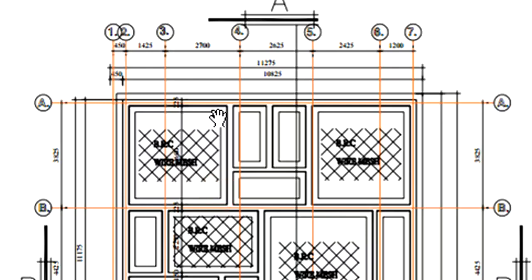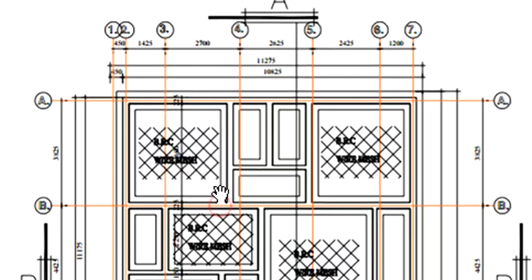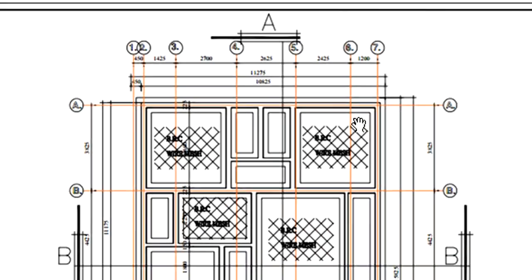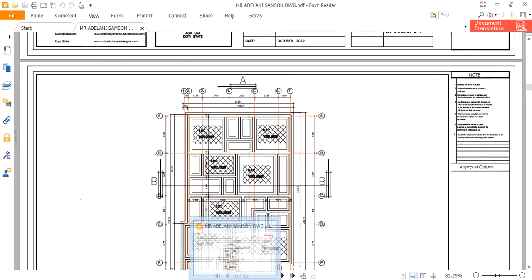The space from this block to here is 2.5, and the space from here to this excavation is 2.5. So we have to less twice spread.